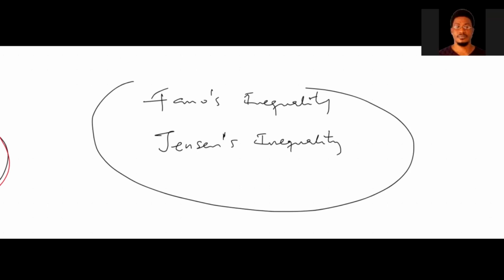Once you look up Fano's inequality, I also want you to look up Jensen's inequality. So we'll take things up from here in our next class.